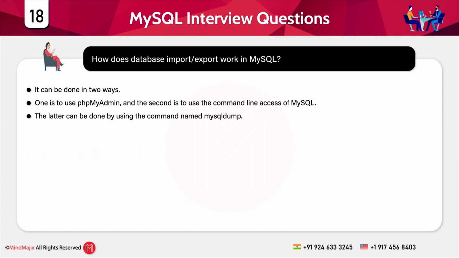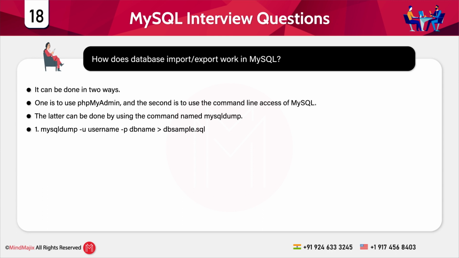The command for that is very simple. On the command line, you have to type mysqldump -u, then provide the username, -p, the database name, then the greater than symbol, then dbsample.sql. Apart from this, to import a database into MySQL, only a sign change is required with the command of mysql.